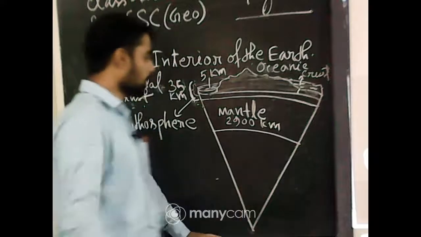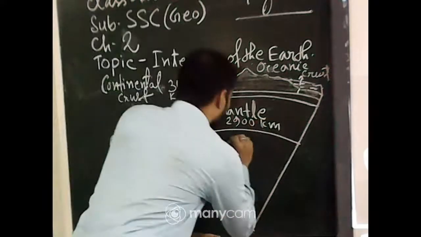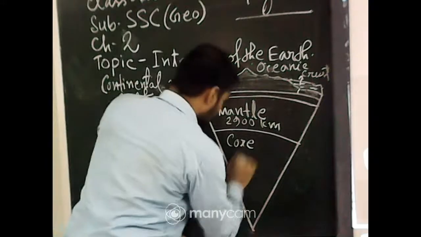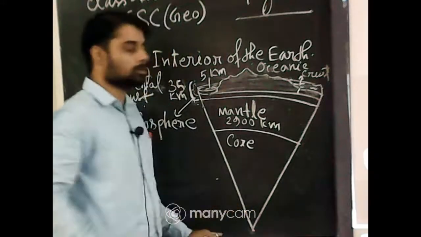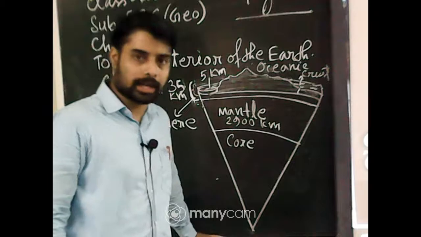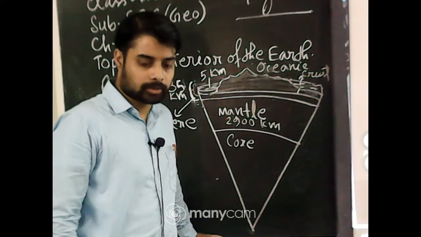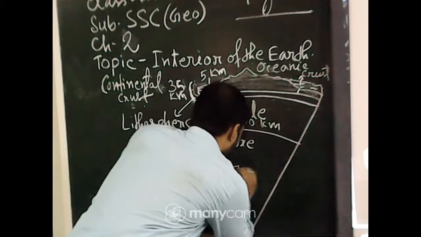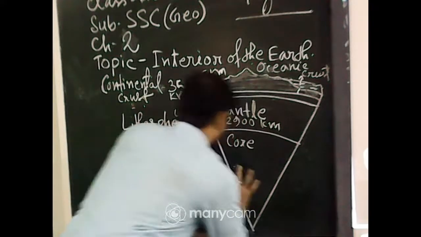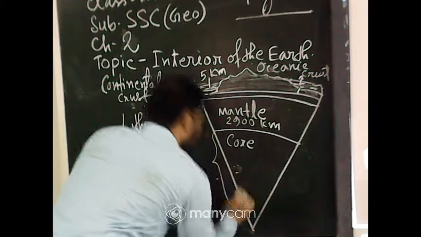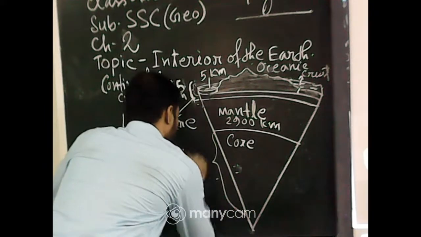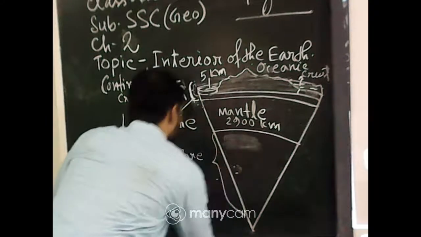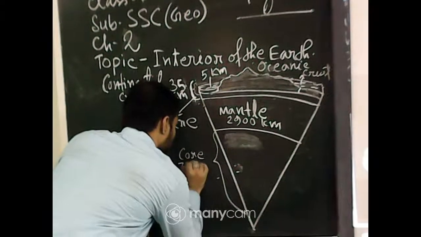Now next, the last layer is the core. The core is the deepest layer of the earth, and I am writing here, it is the core, and the depth of the core is 3500 kilometers.